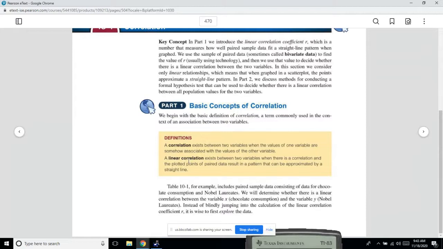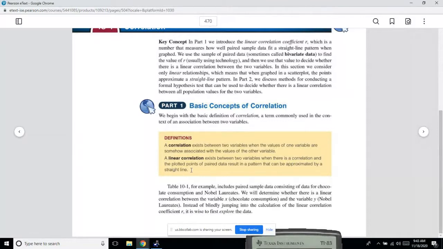A more special type of correlation is called a linear correlation. A linear correlation exists between two variables when there's a correlation, the data is plotted as pairs, and a straight line appears.